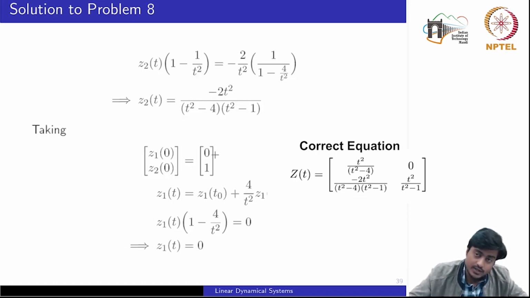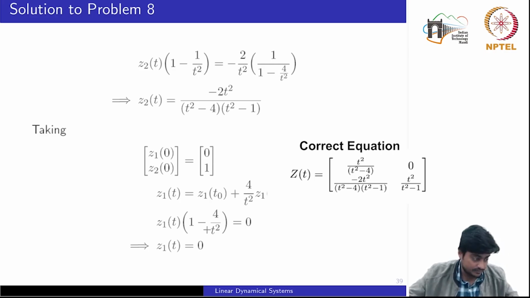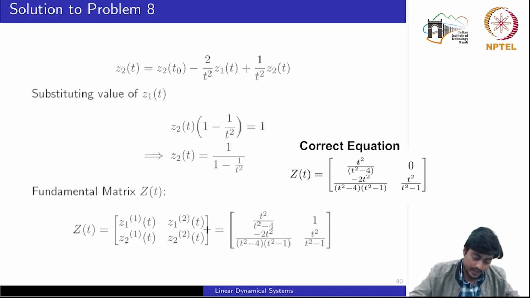So we choose this 0, 1 as another set of initial conditions, and with respect to these initial conditions we solve for z1 and we solve for z2. Now with respect to those initial conditions and the solutions we have obtained, we compute the fundamental matrix, which we call capital Z of t, the fundamental matrix with respect to the new state variables z1 and z2.